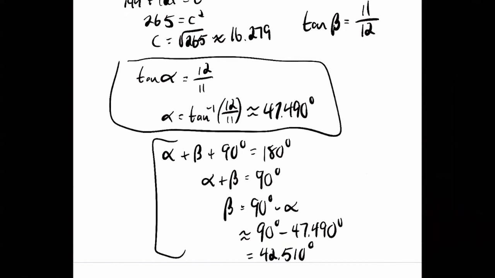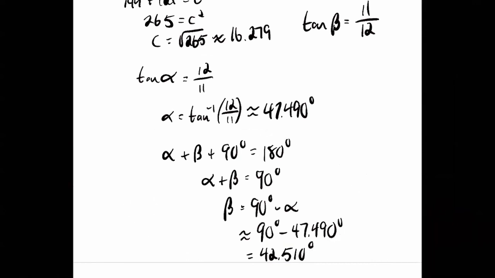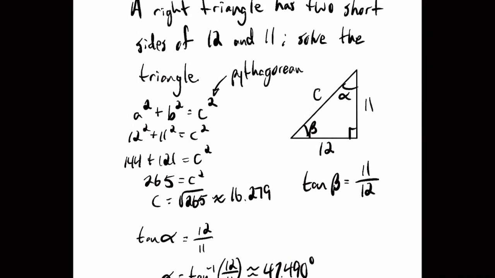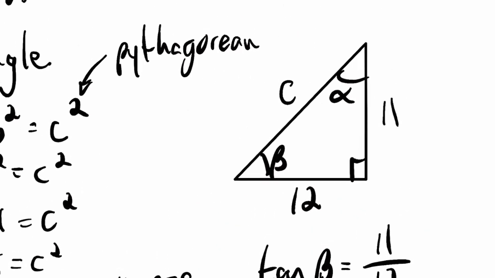Now, this is not the quickest way to write things. So I could even be a little more clever than that. I could do the following. I could look at this triangle and say, well, I know that alpha plus beta has to be 90 degrees because, without writing all the arithmetic out, I know the total degree measurement for the whole triangle will be 180.